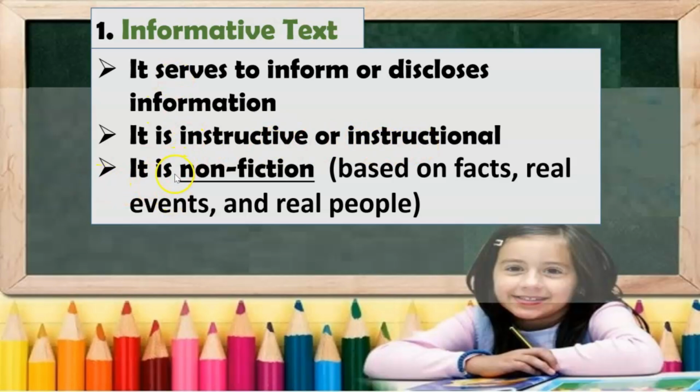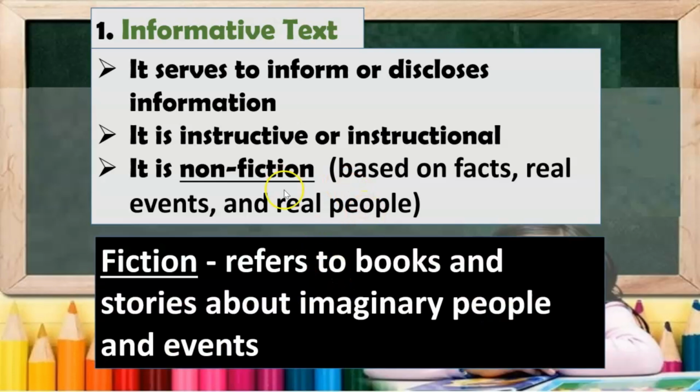Next, informative text is non-fiction. When we speak about non-fiction, this is only based on facts, real events, and real people. The opposite of non-fiction is fiction. When we say fiction, this refers to books and stories about imaginary people and events.